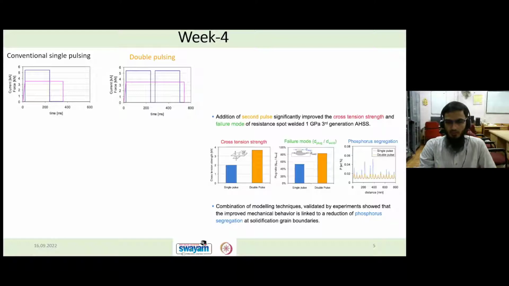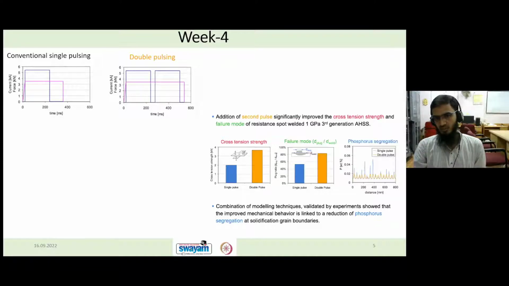So we will see the effect here. Just now I showed you the difference between the current or force versus time cycle in conventional single pulsing and double pulsing. Here you can see that pulses are repeated twice, and the effect is shown in this slide.